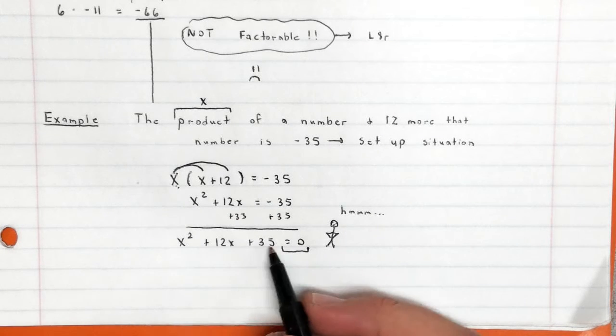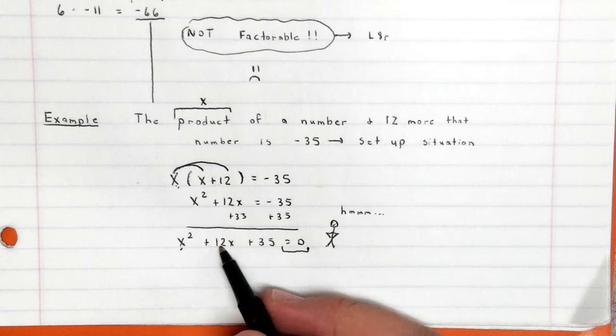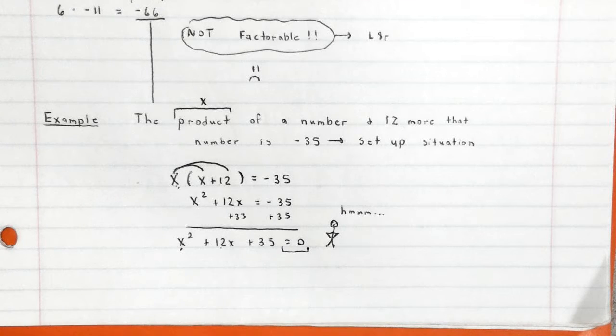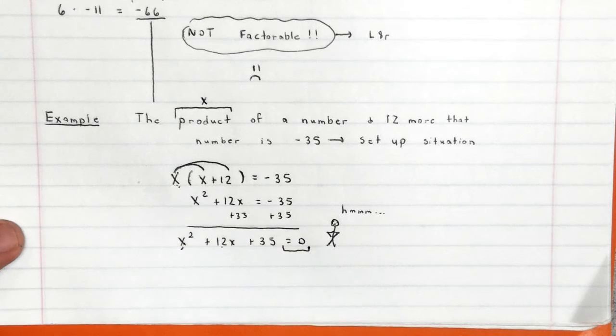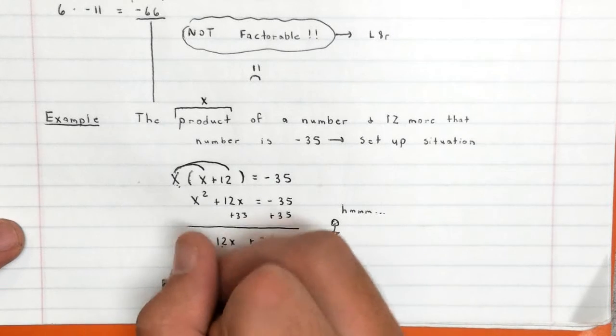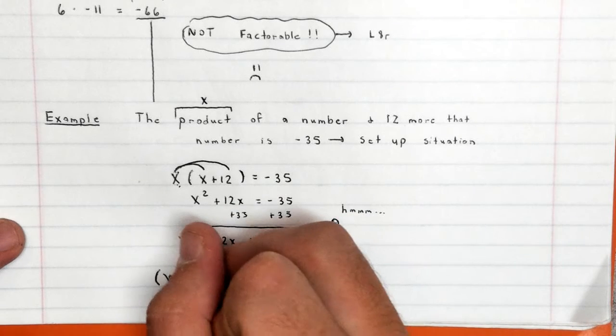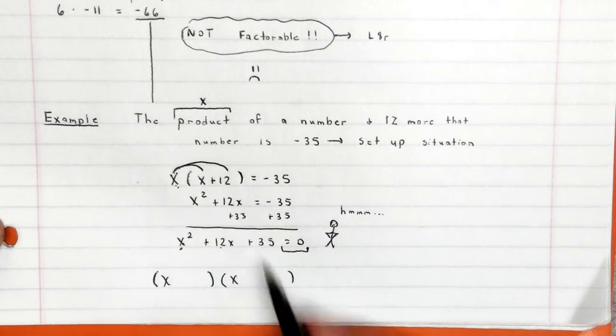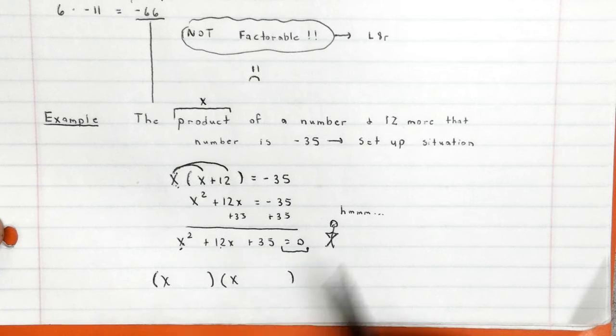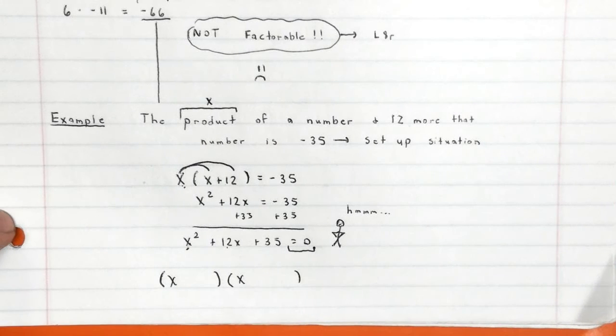I'm thinking maybe I could factor this because I have x squared plus 12x plus 35. That's a standard form. It's an a value of 1, so I should be able to use my quick handy-dandy trick. X times x is x squared. Now I want the factors of 35 that combine to give me 12. Well, I have 1 and 35.